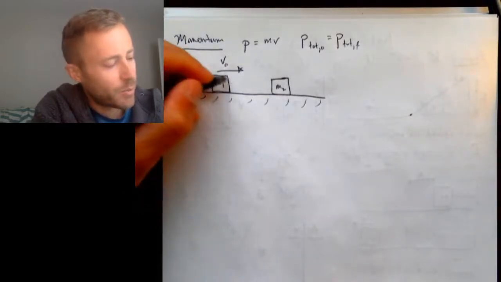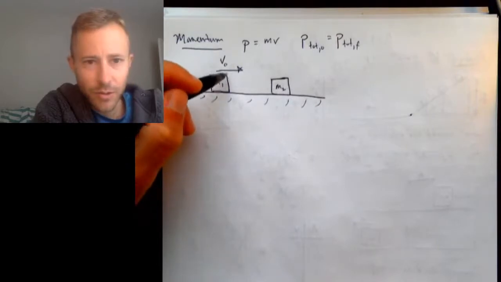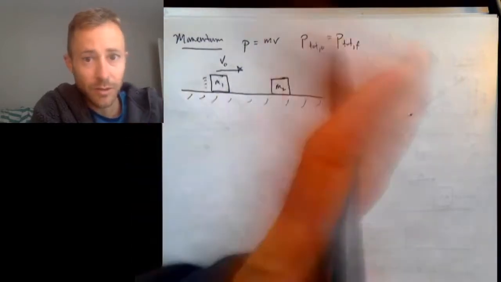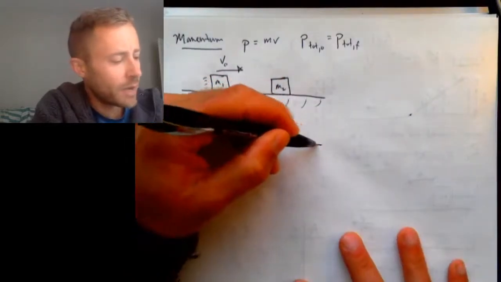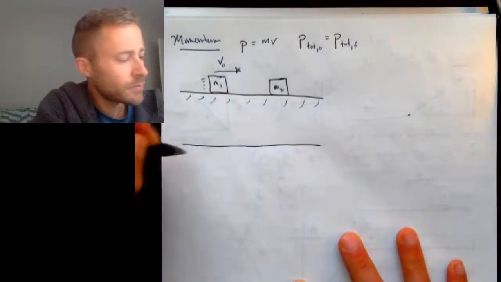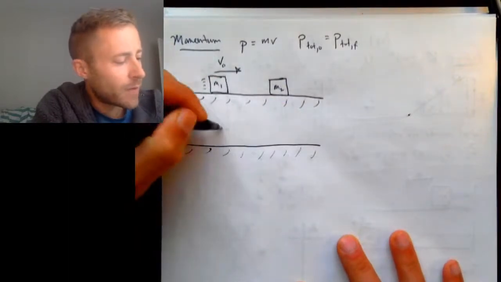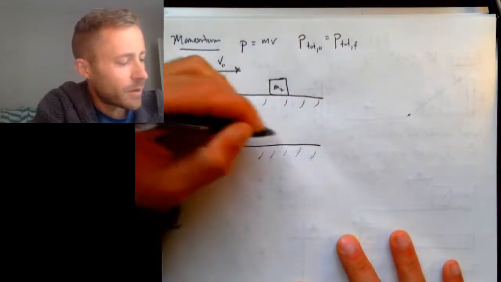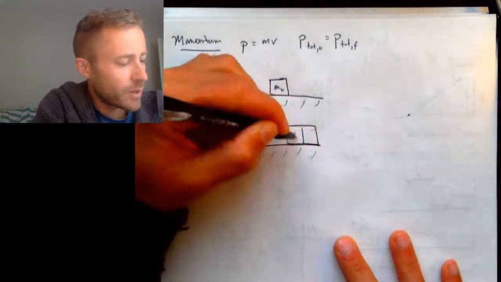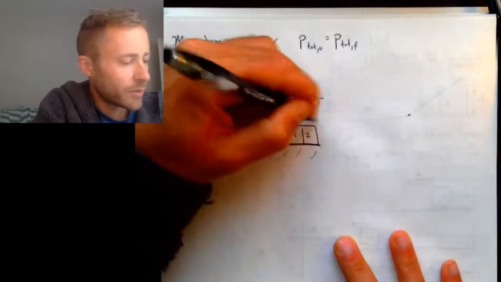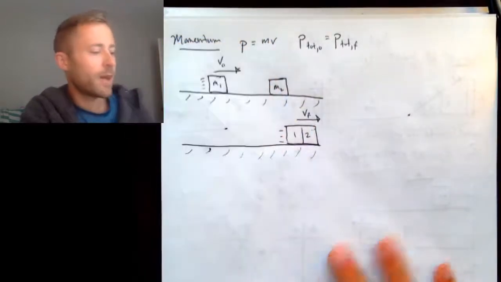Let's say we put tape on the front side of this mass so that when the two masses collide, they stick together. After they collide, they are stuck together, so we have 1 and 2, and they have some final velocity, v final.